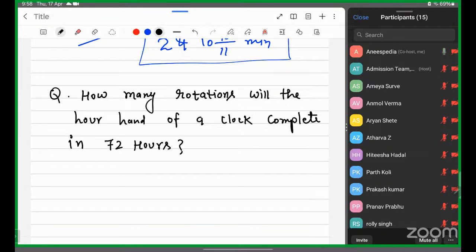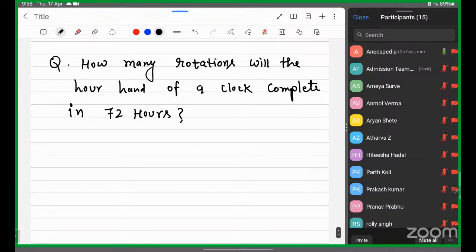So if you have 72 hours, how many rotations will be completed by the hour hand? Options are 3, 6, 9, 12. What will be the answer? 6, sir, 6.